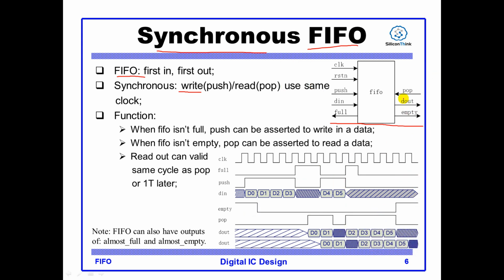And the data out can be valid in the same cycle as pop, or one cycle later. So both waveforms are acceptable. So when you use the IP block of a FIFO, you have to read the data sheet and check what the waveform for D out is, along with pop or one cycle later than pop.